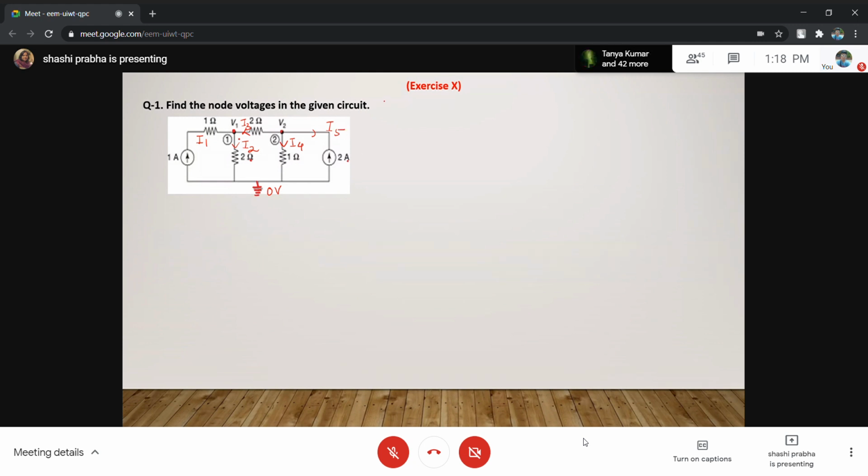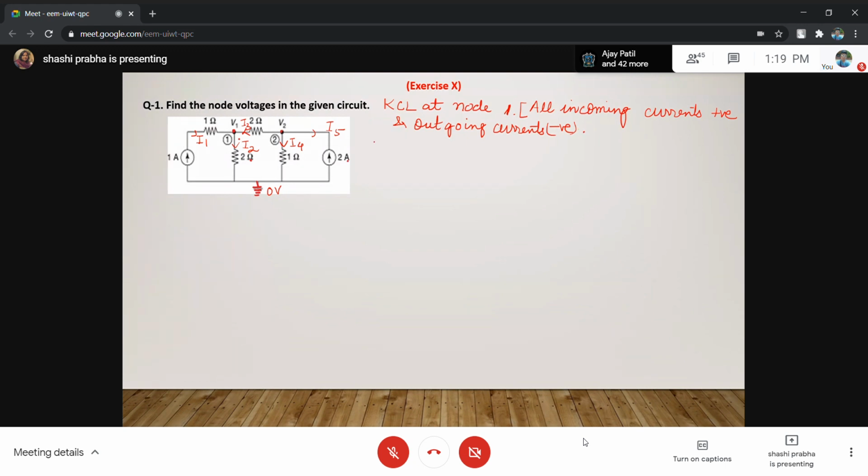We are going to write KCL, Kirchhoff's current law, at node A or node 1. This is node 1 for V1. Incoming currents, what is your convention? All incoming currents positive and outgoing currents negative.